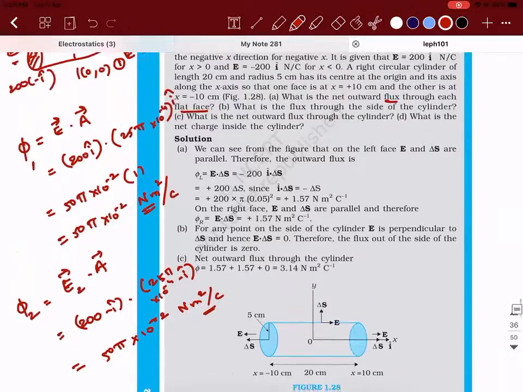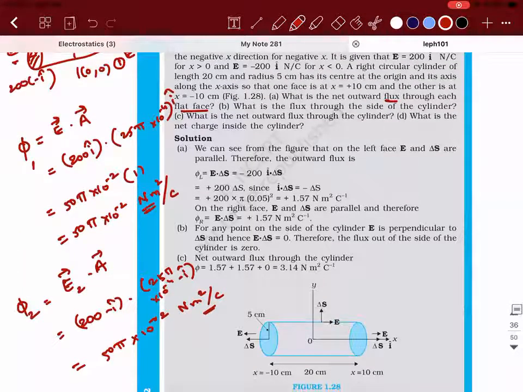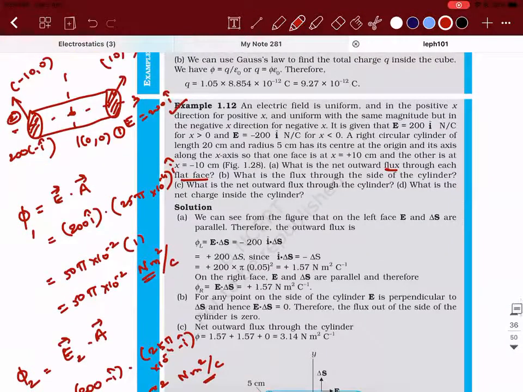Now comes an important question. Second one is what is the flux through the side of the cylinder? When you take the side of the cylinder, you take any small portion on top of it. The side is curved. What is going to be the direction of area vector?